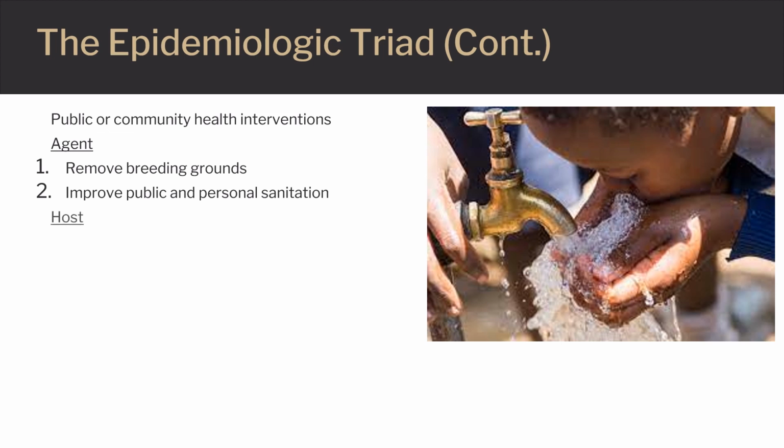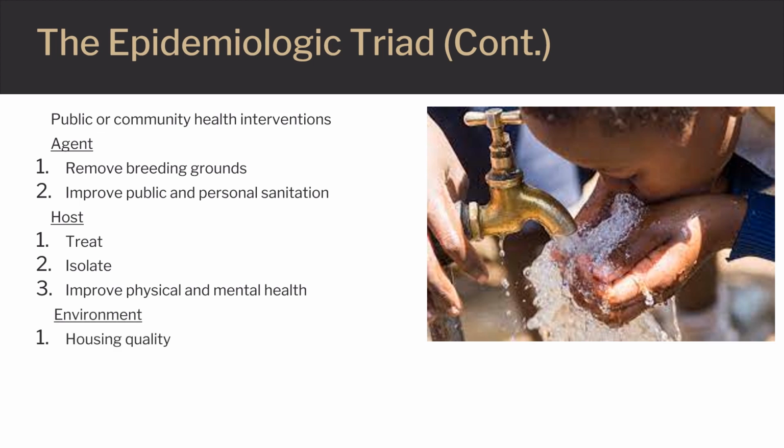For the host element, medically treating the specific pathogen, isolating the host from others in their physical environment, or working to improve the host's physical, immunological, and/or mental health can reduce spread. Finally, addressing housing health through building practices as well as improving community or individual sanitation practices such as providing cleaner water and sewage flows can effectively cut the risk of infectious disease growth and spread.